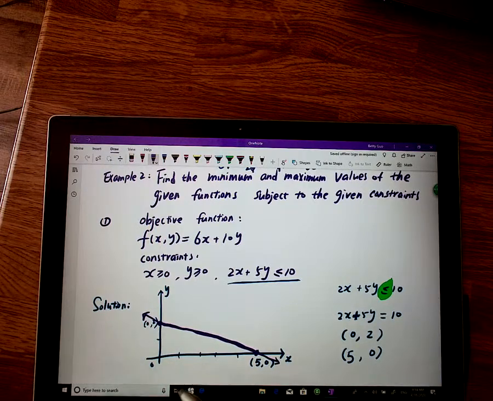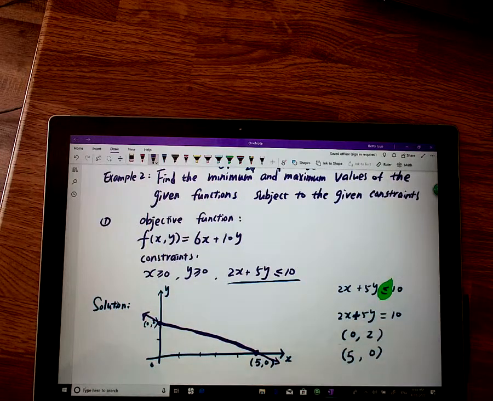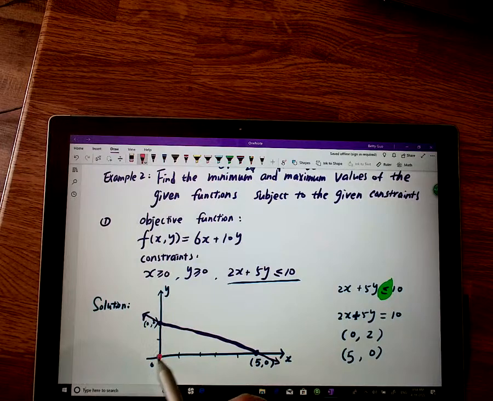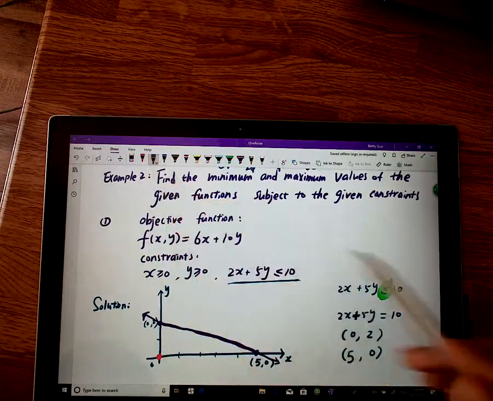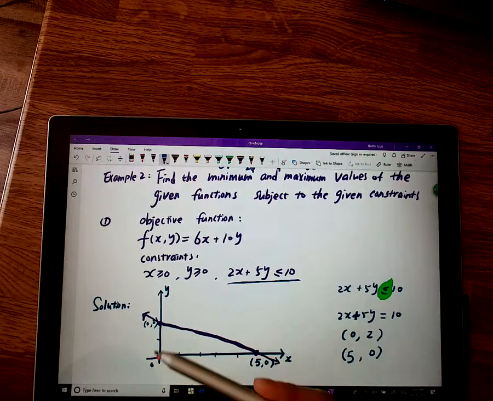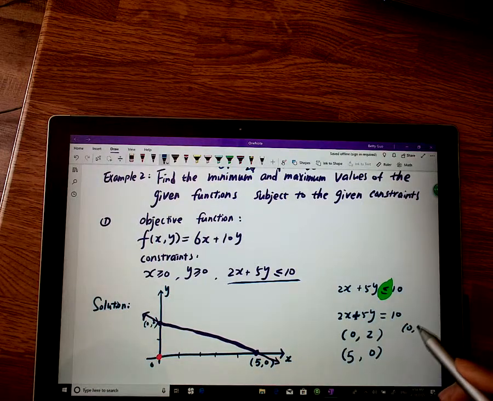The boundary divides the whole plane into 2 parts, the half plane above and the half plane below, right? By choosing a testing point, we would know whether the solution set is the half plane below or the half plane above. That is (0, 0).